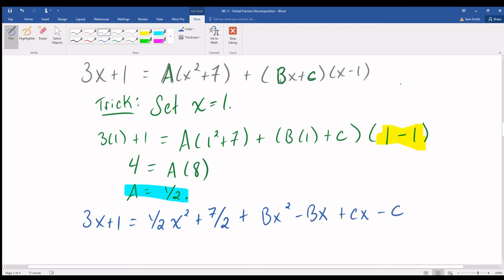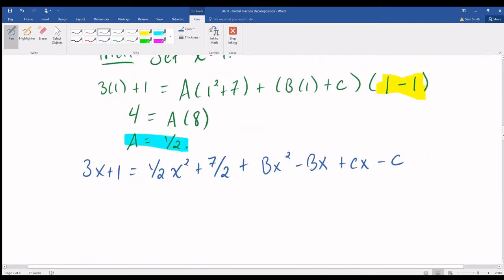Having done that, let us go through and do some classification of the terms here. Let's categorize them. We have some terms which are quadratic in nature. None appear on the left-hand side. What that implies is that for the quadratic terms, we have 0, no x squareds on the left, equals 1/2 plus b, the number of x squareds on the right. And that tells me that b must be equal to -1/2.